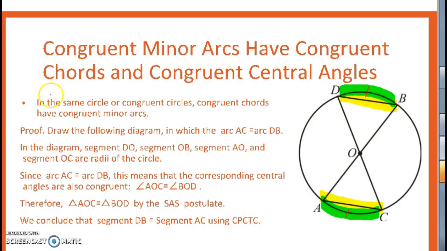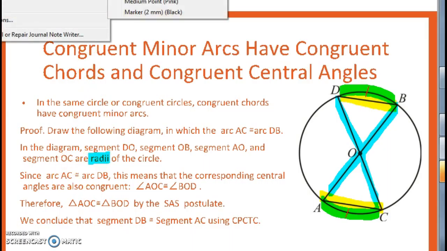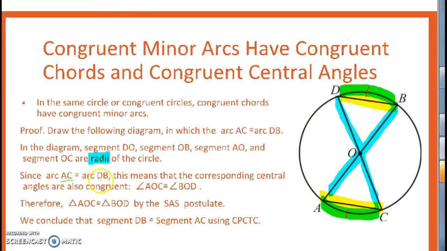If that's the case, in our diagram we can see the radii again that we've used: DO, OB, OA, and OC. Those are all congruent because they start at the center and go to the outer edge of the circle. Since arc AC in green is congruent to arc DB in green, the corresponding central angles are congruent, this angle here and this angle here.